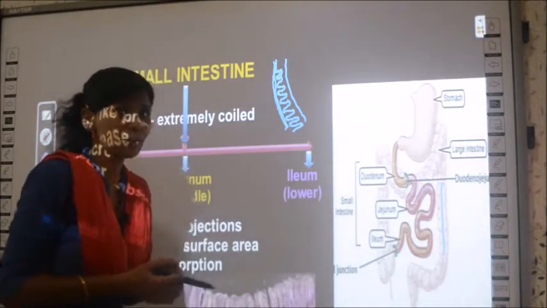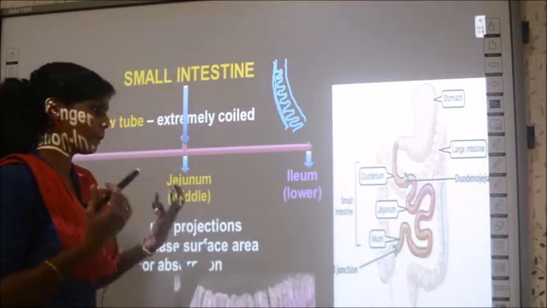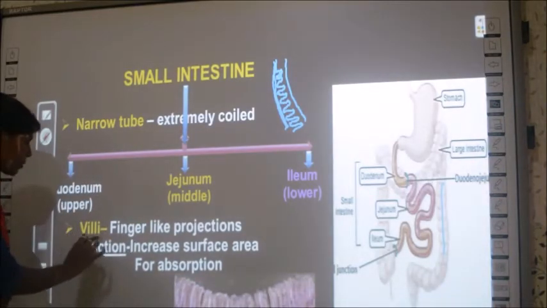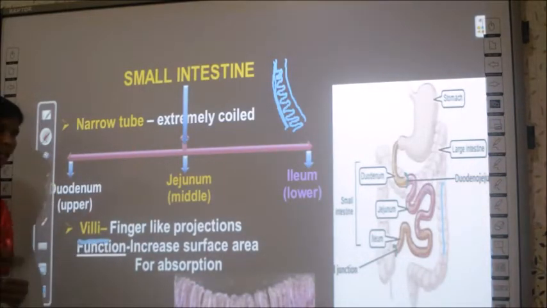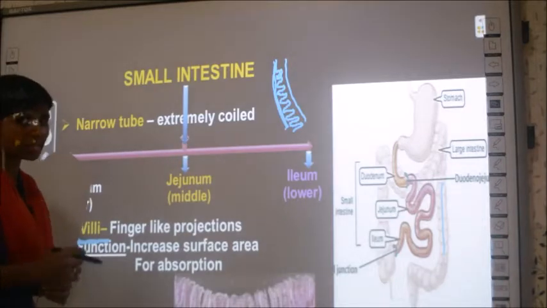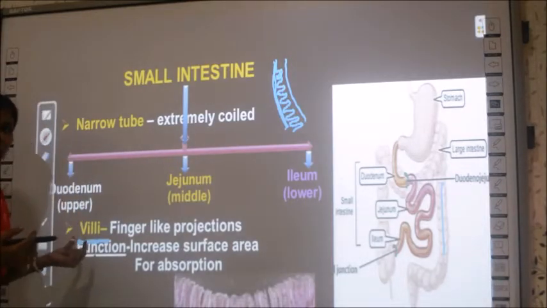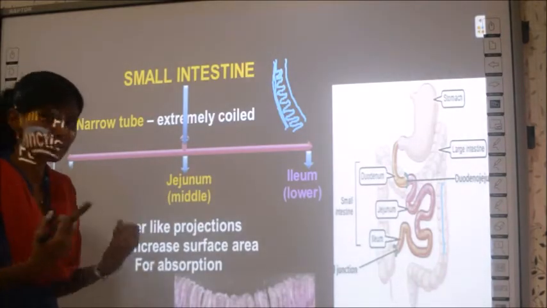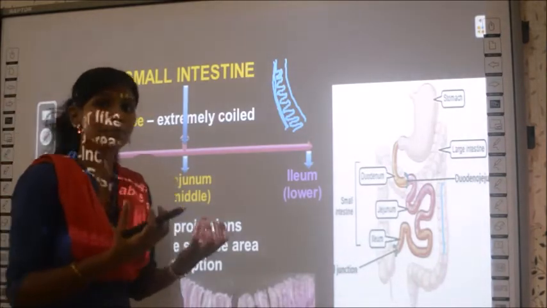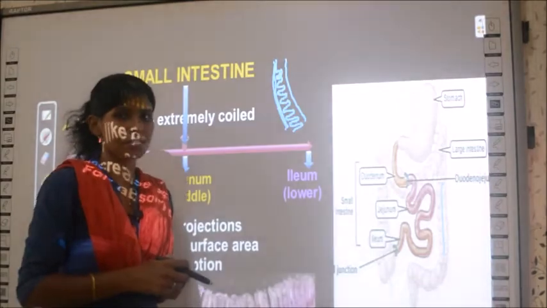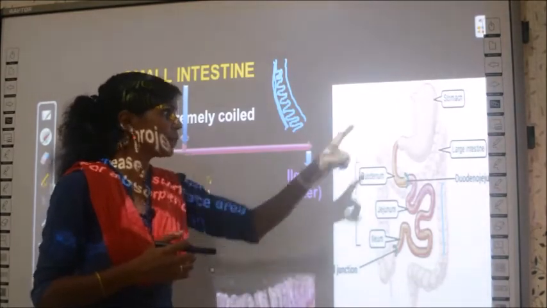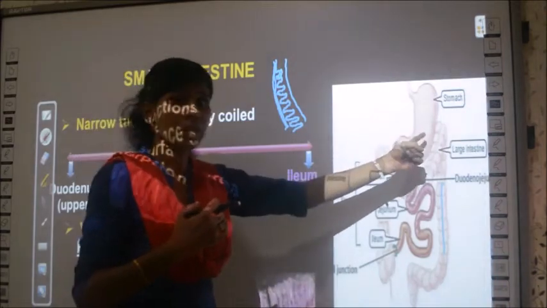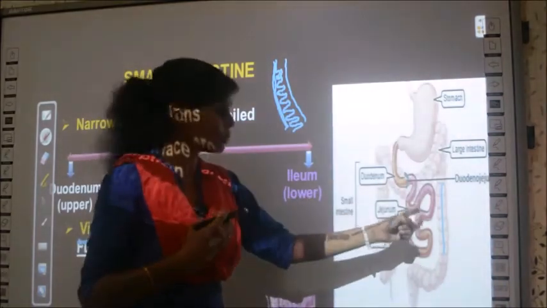These finger-like projections are called villi. Villi are finger-like projections, and their function is to help in the absorption of nutrients. You eat the food, and it passes from the mouth to the esophagus, then to the stomach, and then to the small intestine.